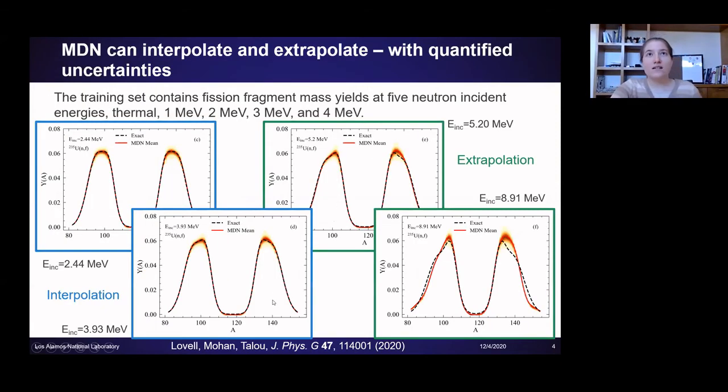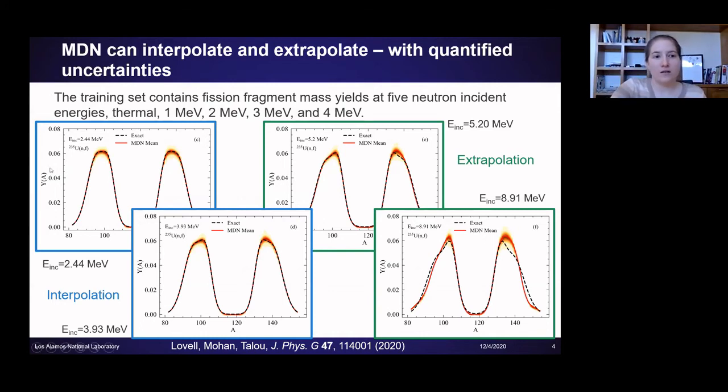And then, since we're able to get out well-quantified uncertainties, we wanted to look at this as a way to interpolate and perhaps even extrapolate beyond. You could say this again is sort of mock data, but you could think of real data where you have measurements at specific energy points or specific nuclei, and you want to know what could be in between these points, and can I put uncertainties on that as well that come from the uncertainties of the surrounding points.